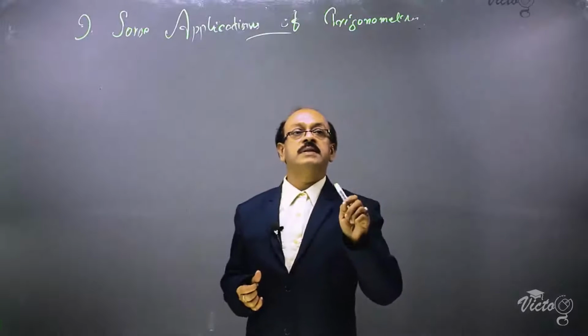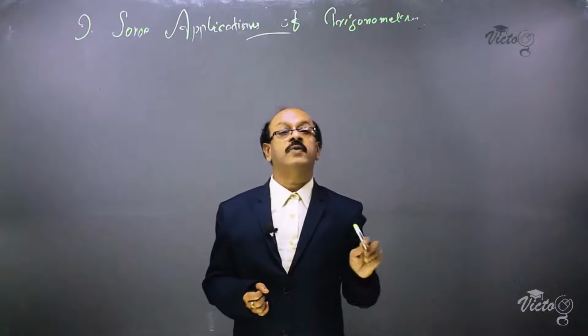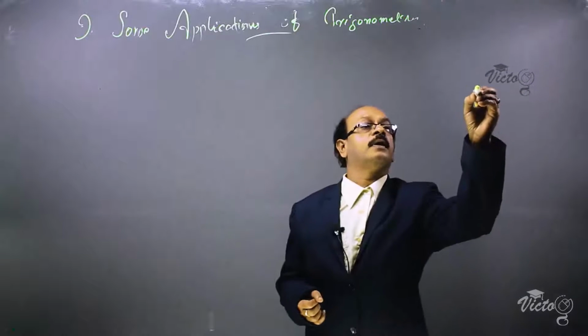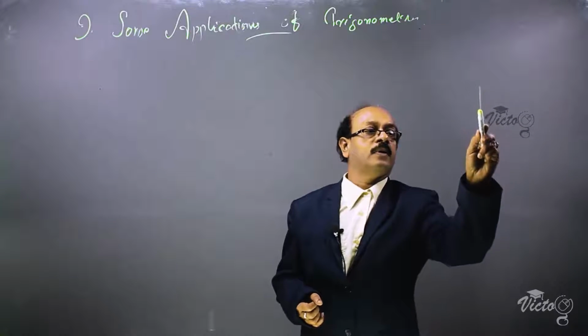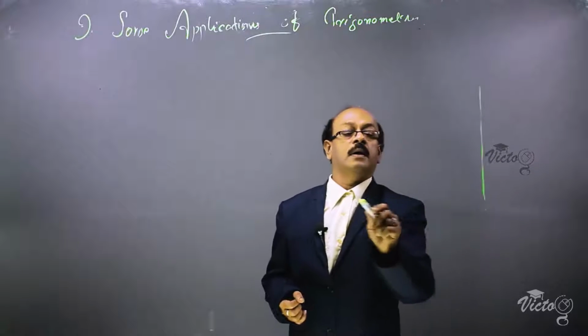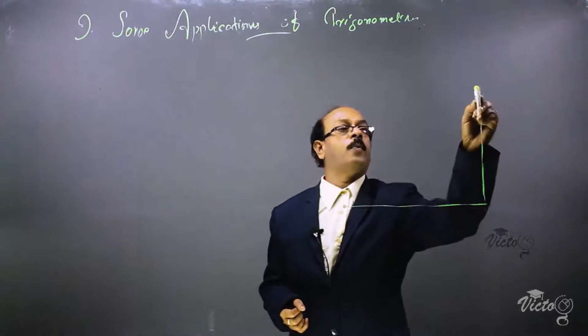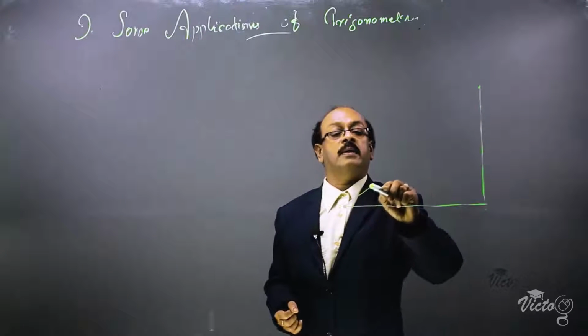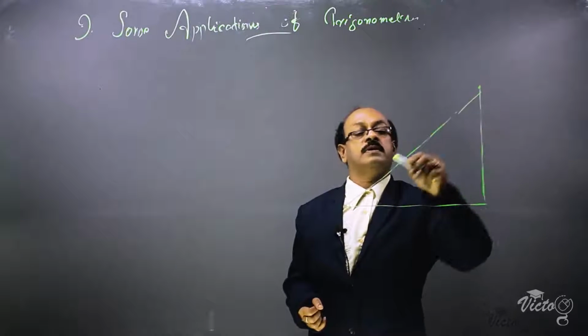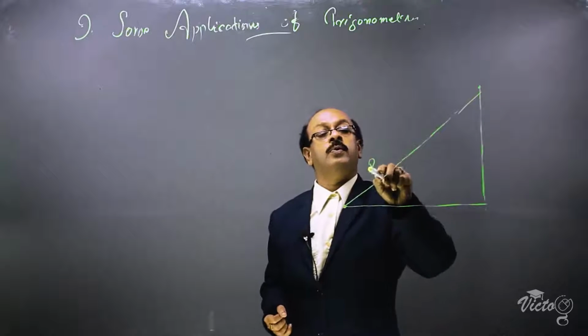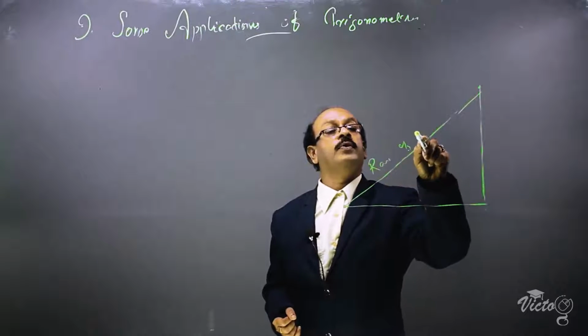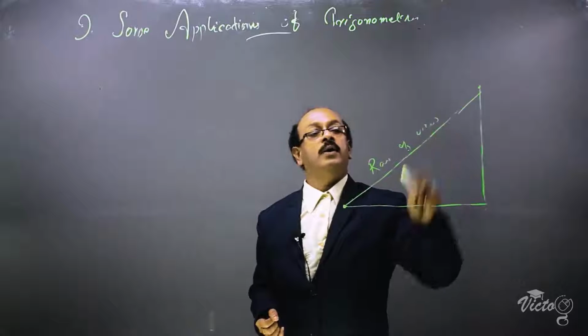When an object is seen at an angle of elevation, that means if here is a tower or building, an observer is viewing the top in this manner. This is the ray of view or line of view.